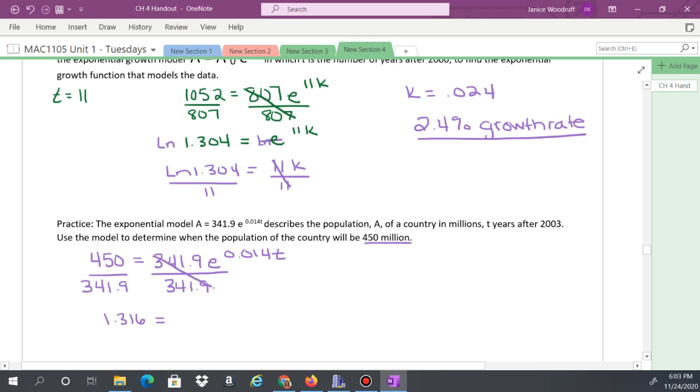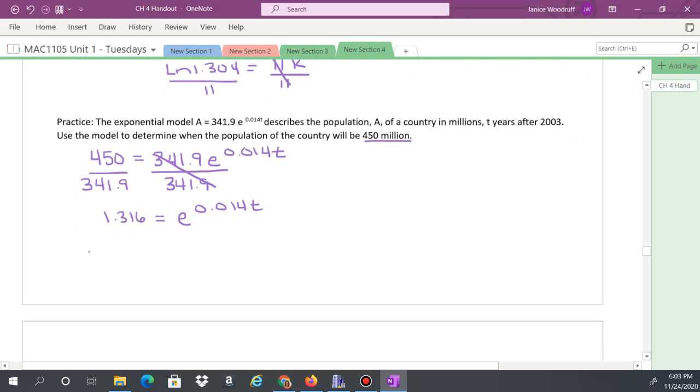These are going to cancel. I'm going to have e to the 0.014 t. e is now isolated, so I will do natural log on both sides to cancel out the e and bring the exponent down. So that gives me natural log 1.316 equals 0.014 t. Then I will divide by 0.014 to isolate the t.